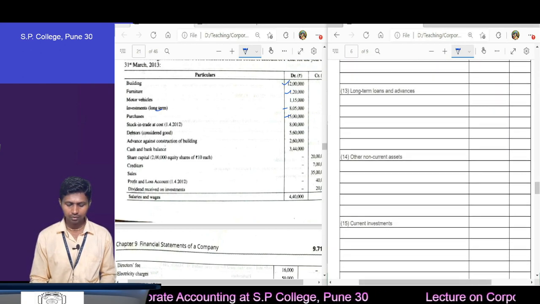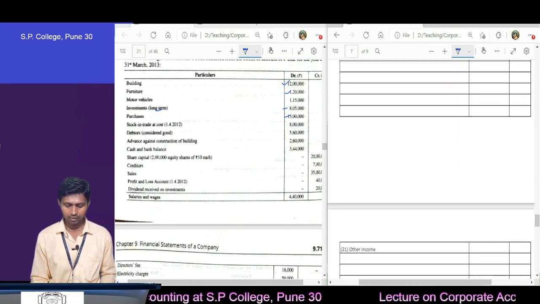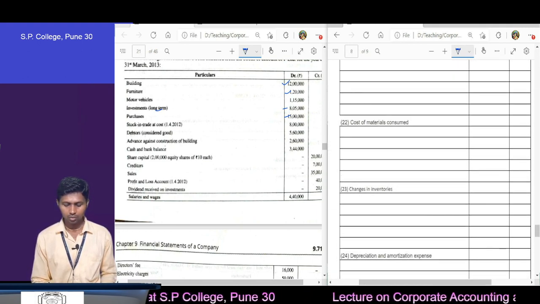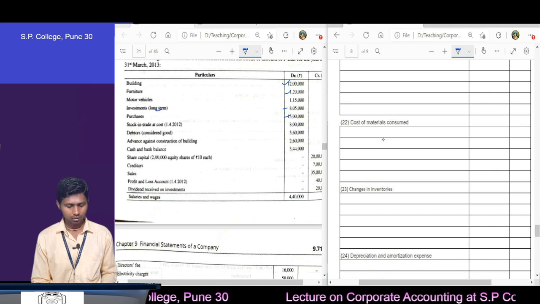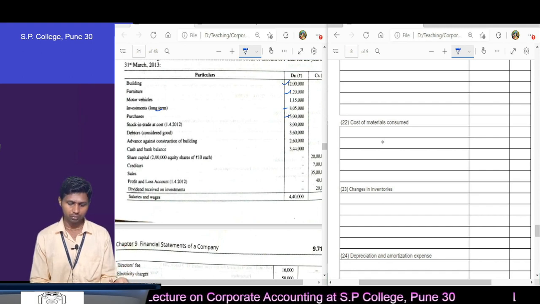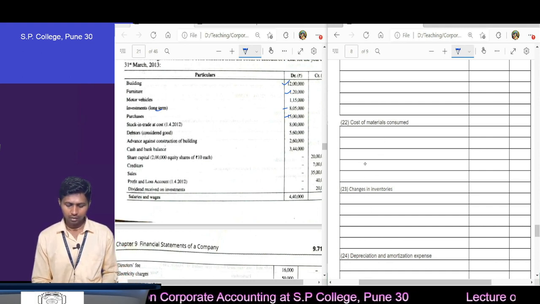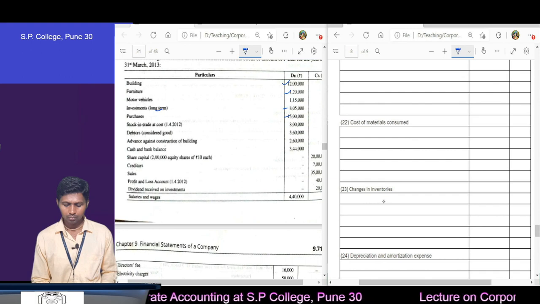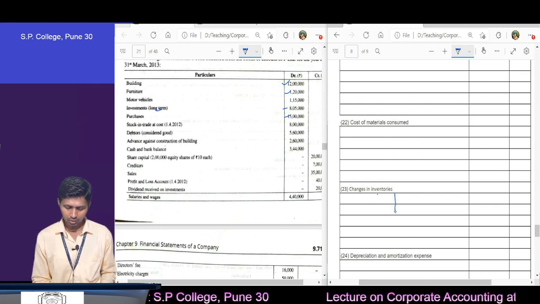Expenses obviously, therefore 22 to 27. 22 is not related to raw material stock. Why? Because we already assumed purchase of finished goods, therefore the stock is also of finished goods. Not in 22 because it is finished goods stock, therefore in 23. But in 23, don't directly write that.